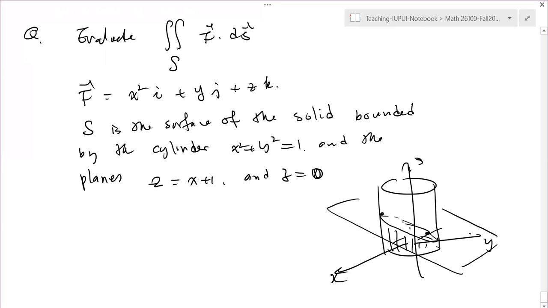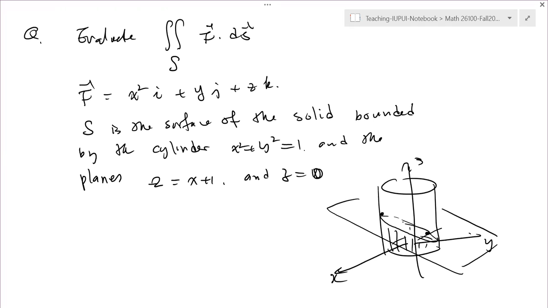Now, the surface consists of 3 pieces. One is a portion of the cylinder. Another is the disk at the bottom. The other is an elliptic surface on the plane. If you want to evaluate this surface integral directly, you have to evaluate it over 3 surfaces and parameterize each surface.